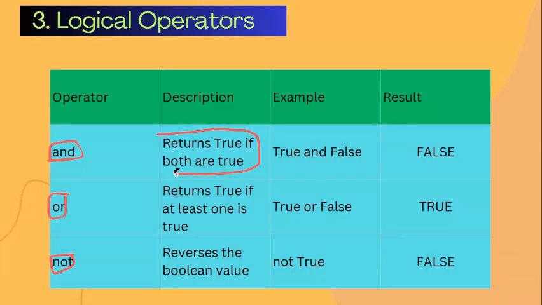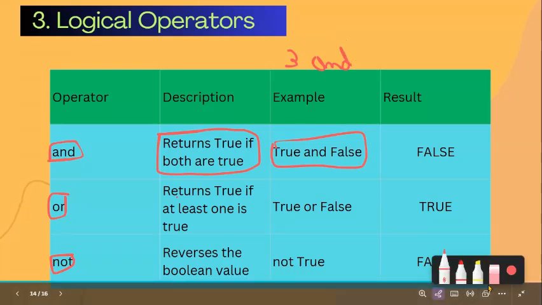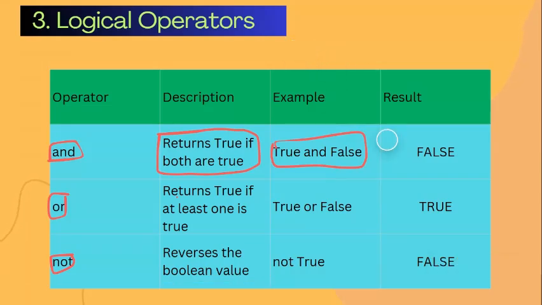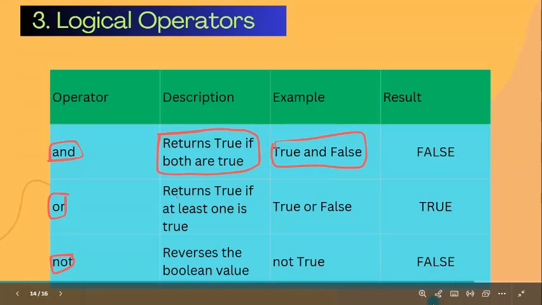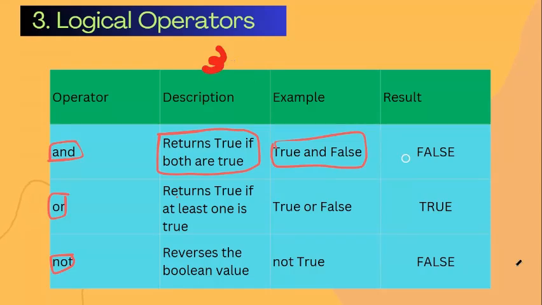Description: it returns true if both are true. If both values are true, then it will return true. Like I have a value 3, and, I will show you. What is happening?